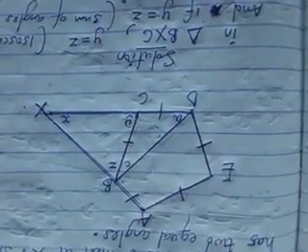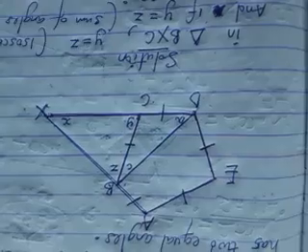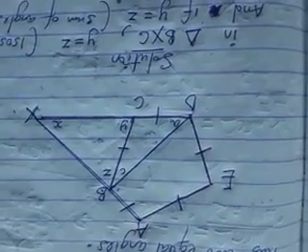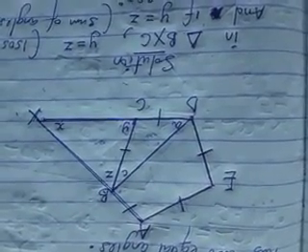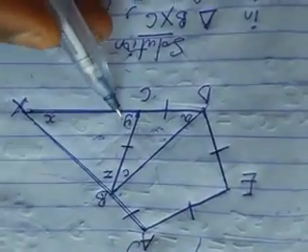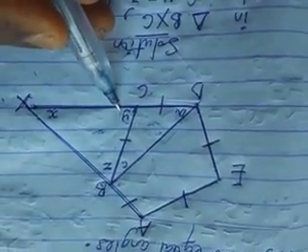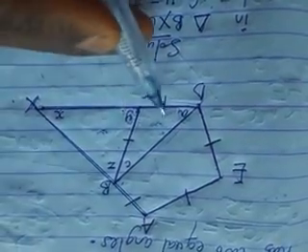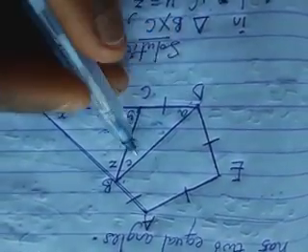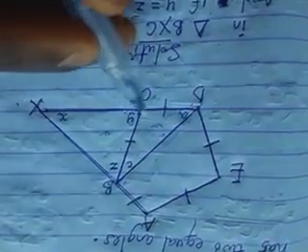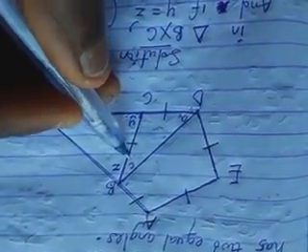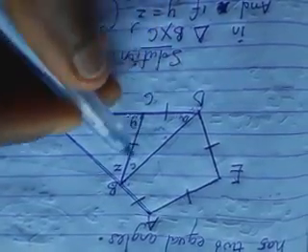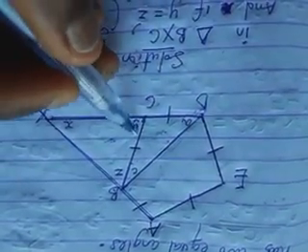Can you remember? If you can't remember, please wind back this video and listen to that point again. The exterior angle here, y, is equal to the sum of the opposite interior angles. That means y is equal to a plus c, because a plus c are the opposite interior angles to this exterior angle y.